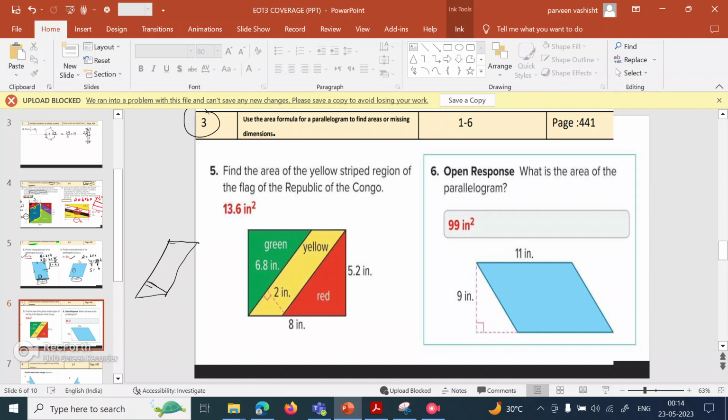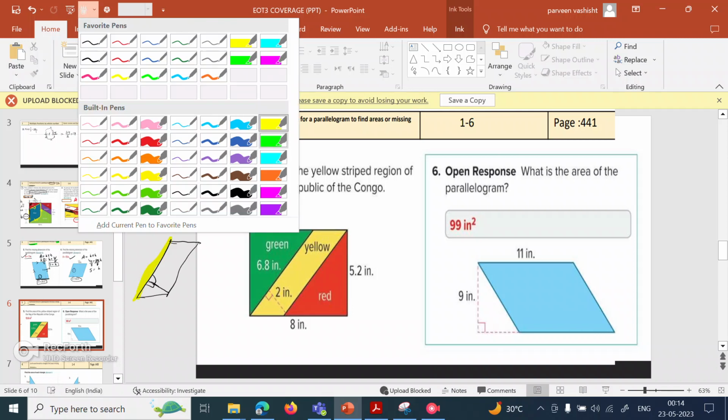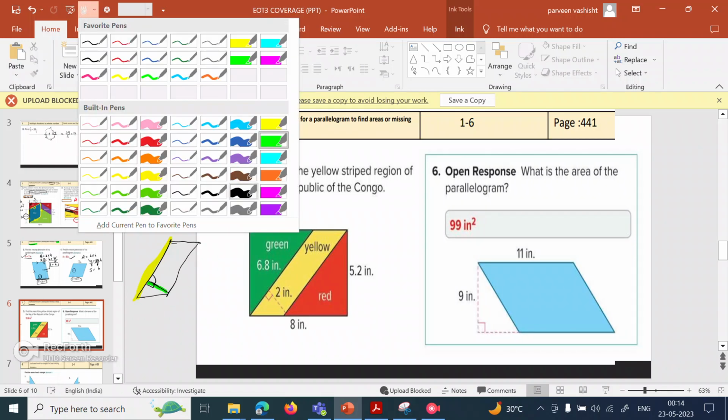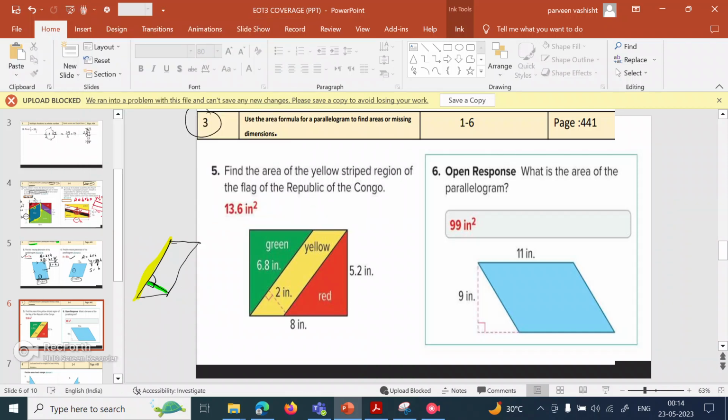Now, my dear children, this height is drawn here. This side is drawn here. Where do we make the height? That side becomes the base. Okay, so base will become this side. So how much is this side given to you?